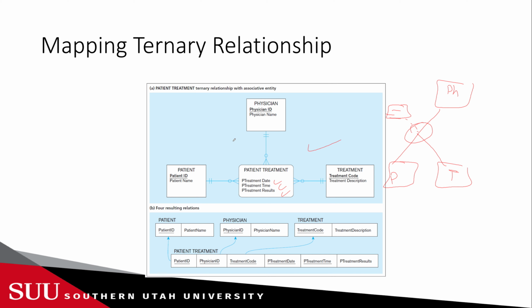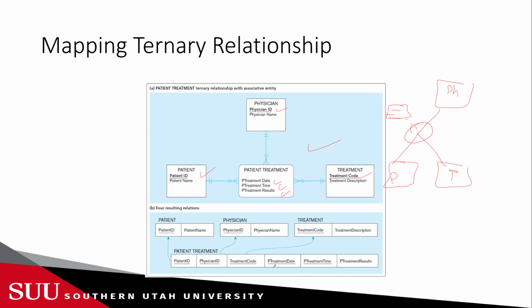Now the rule says we will create the associative entity or associative relation based on the associative entity, and then we will have the keys for 1, 2, 3 participating entity types as a composite primary key. So we will include all of these in here.